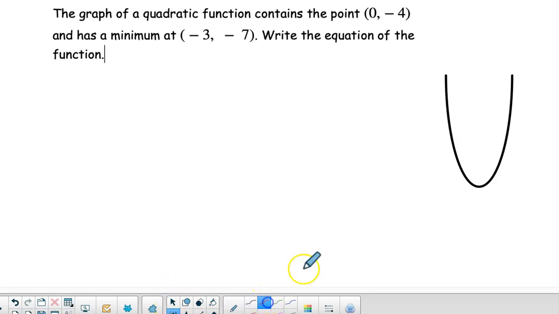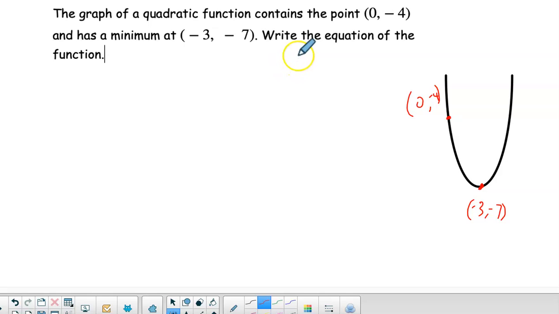So we'll say this is the point, minimum at (-3, -7), and on the y-axis, this graph has a y-intercept at (0, -4). On x equal to 0, y is -4.